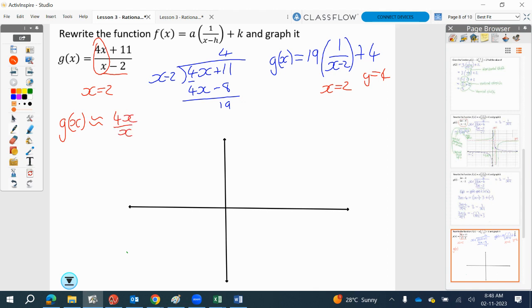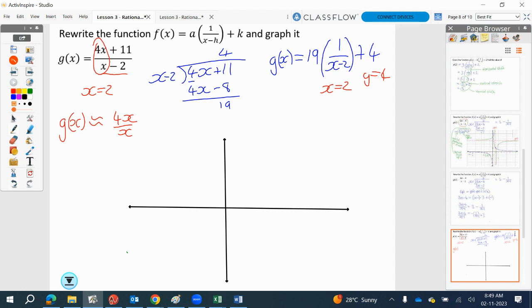Because 4 times a really big number plus 11 is almost the same as 4 times a really big number. That plus 11 in terms of infinity is meaningless. On the denominator, infinity minus 2 is still infinity. 4 lots of infinity plus 11 is still 4 lots of infinity.